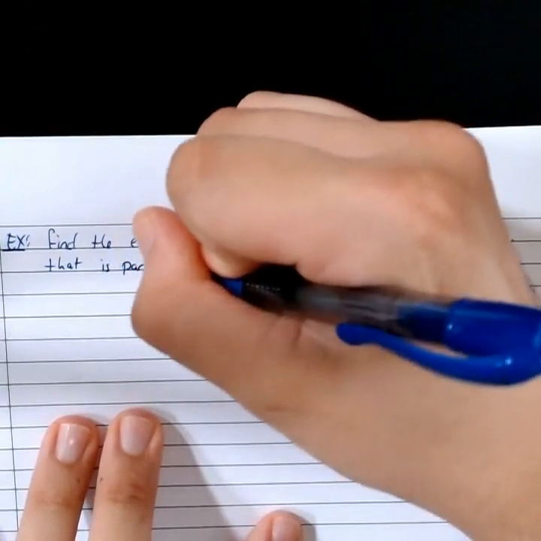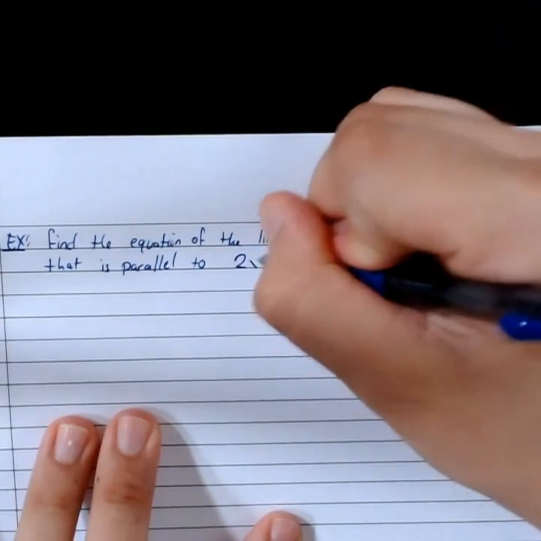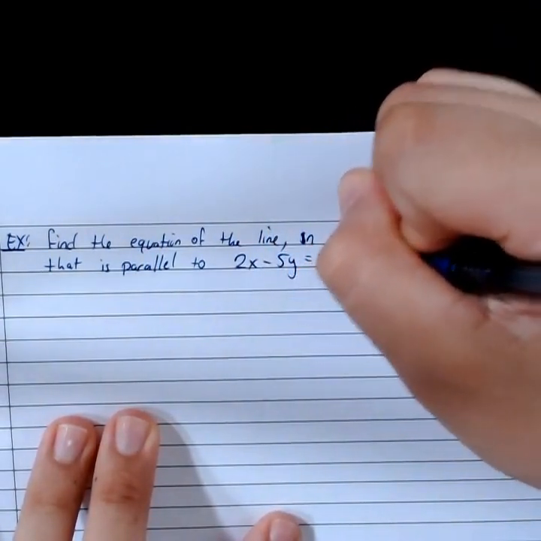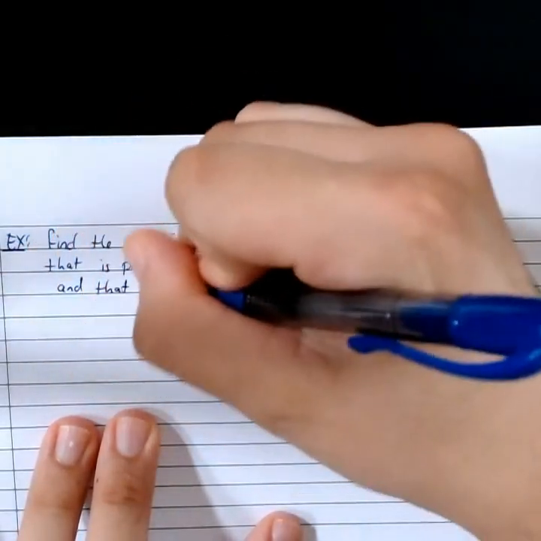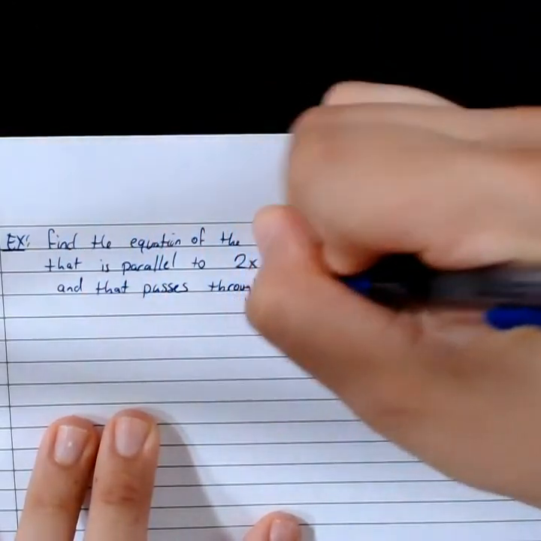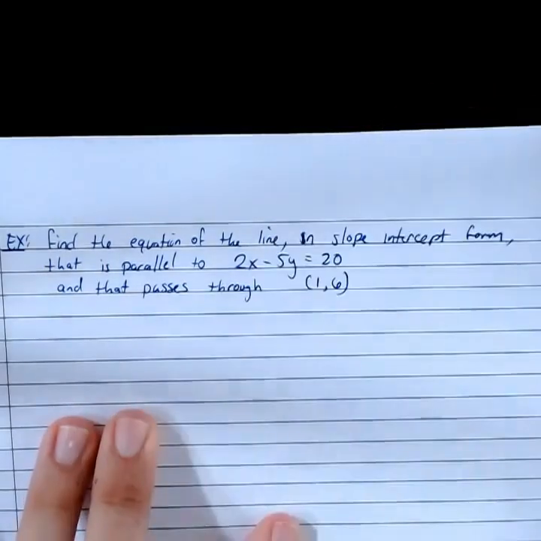That is parallel to the line 2x minus 5y equals 20, and that passes through the point (1, 6).